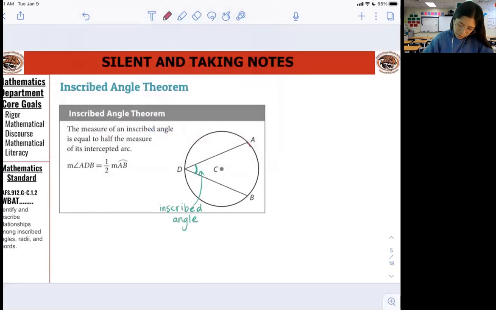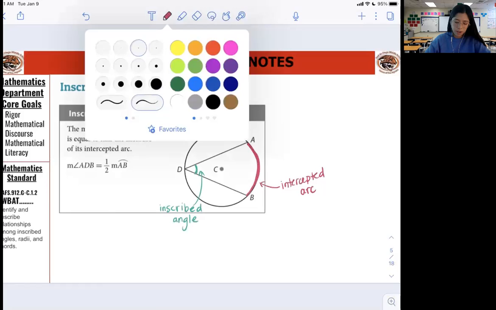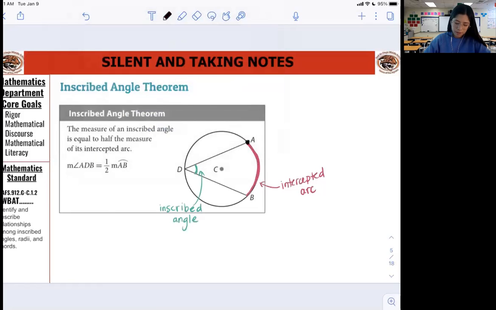And here's my intercepted arc. We call it the intercepted arc because you can think about it being cut by A and B. It's intercepted.